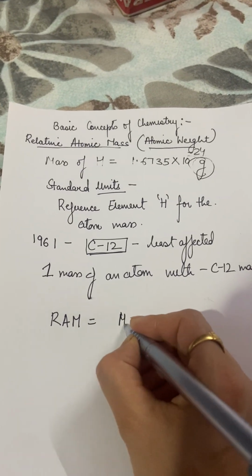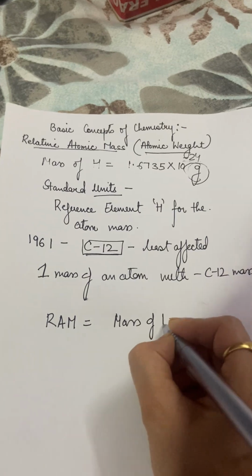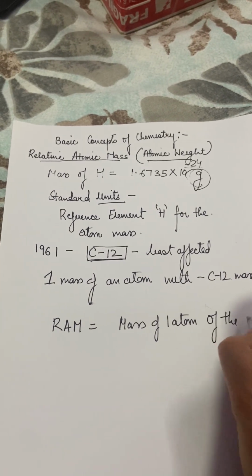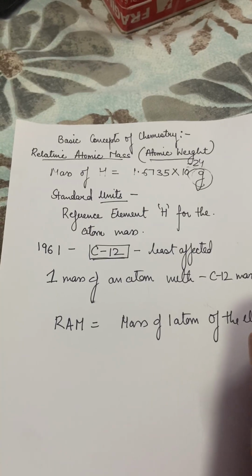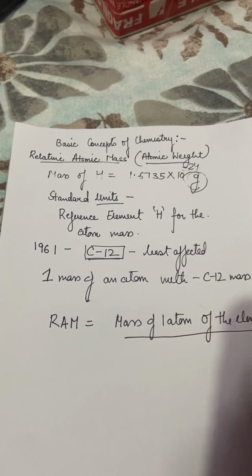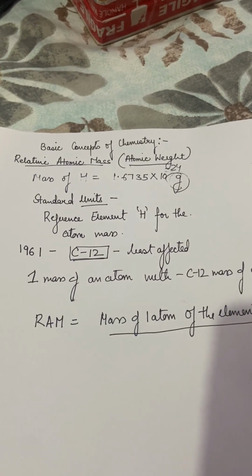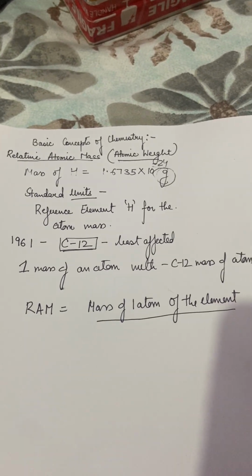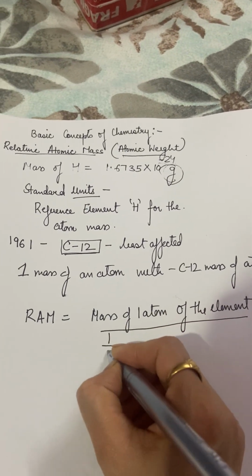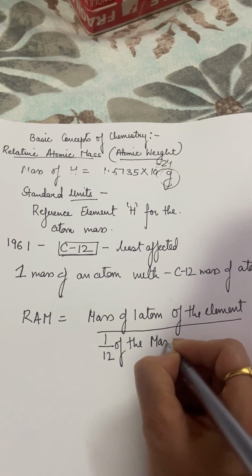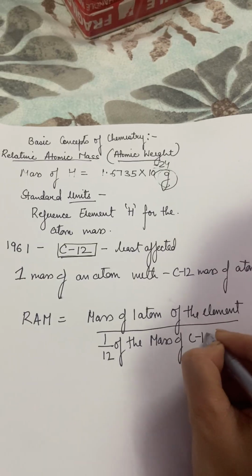That is equal to mass of one atom of the element, right? Whatever the atom mass element you have to calculate, you have to take the mass of one atom of an element and compare it with the 1/12 of the mass of carbon 12.